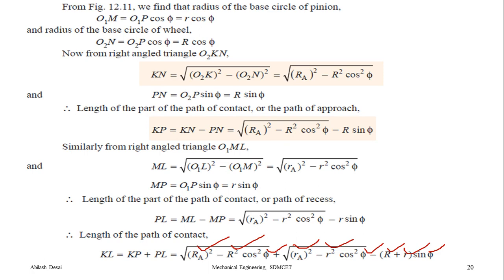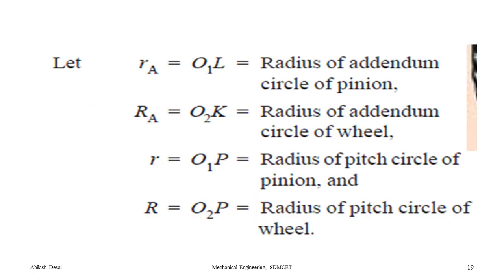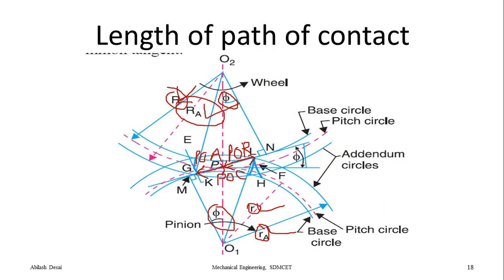You should know the phi terms to get the path of contact. In all problems you first need to calculate the path of contact only. So the length of path of contact is this.